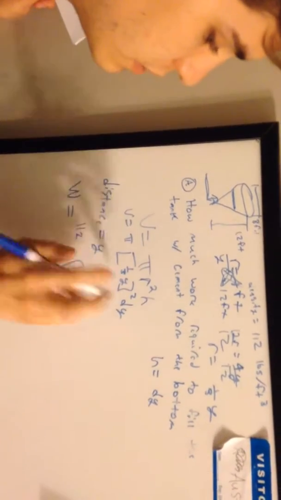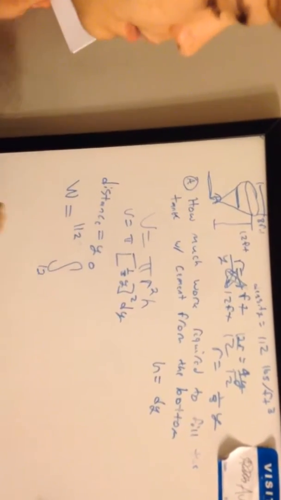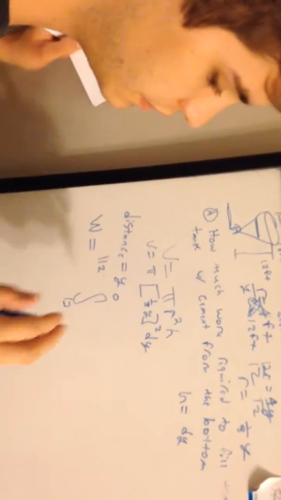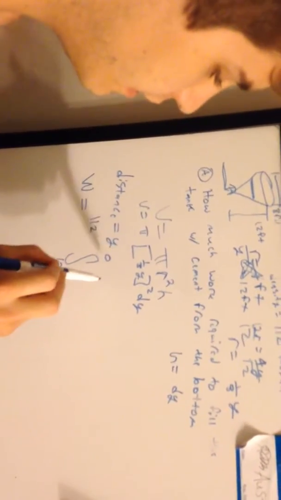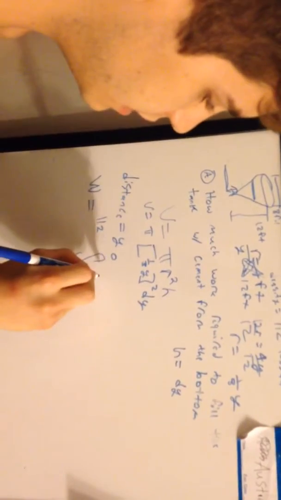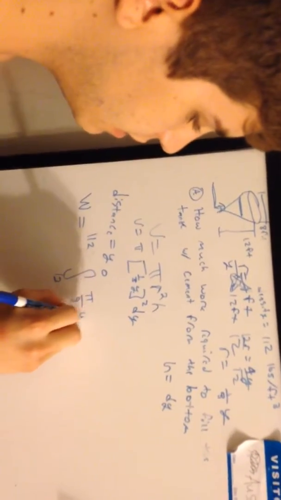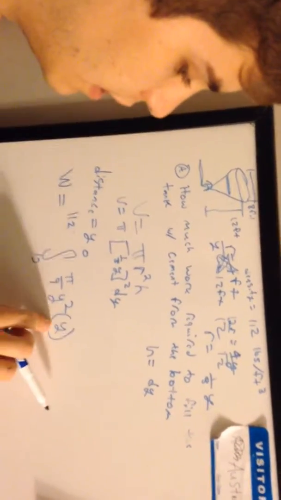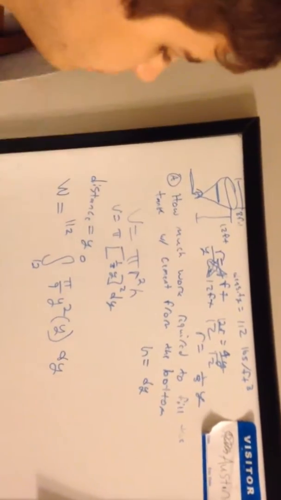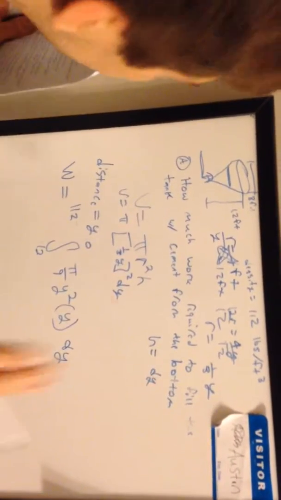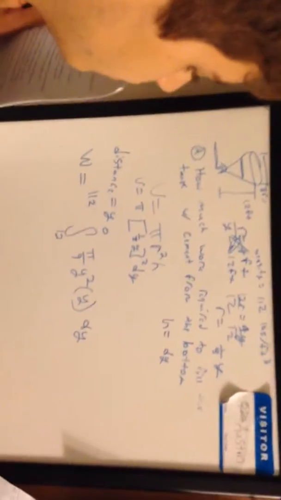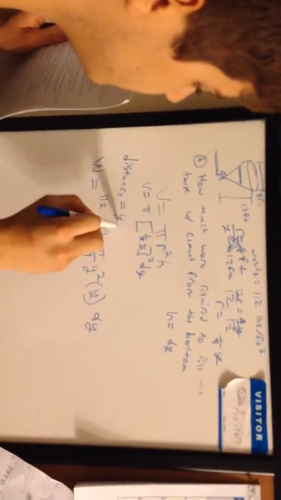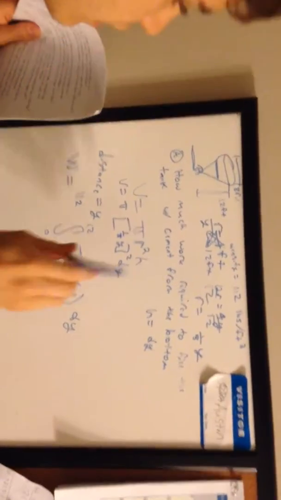That's going to be of the volume here, which is pi over 9 y squared, times the distance, which is y here, and that's going to be dy. Is that negative y? No, it's not going down. Apologies, this is alright.